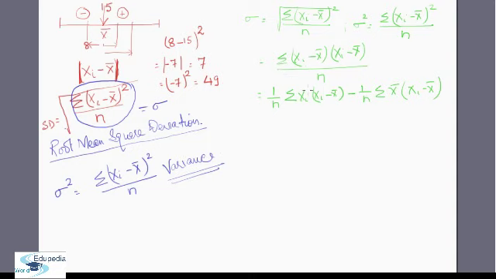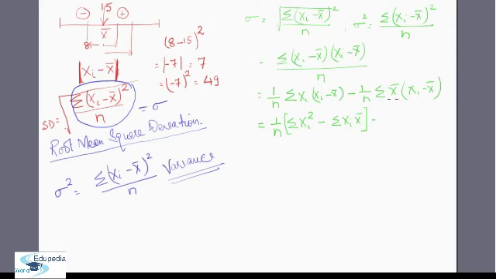I have simply split this into two. First is xi multiplied by the whole second term, and second is x bar multiplied by the whole second term. Now this could be written as 1 by n summation xi multiplied by xi as xi square, and then minus summation xi into x bar, of course n being common.